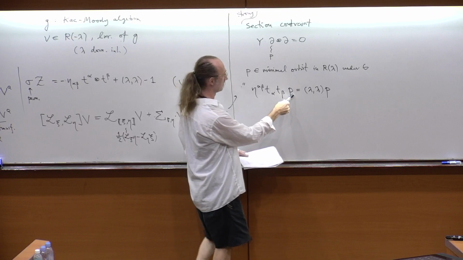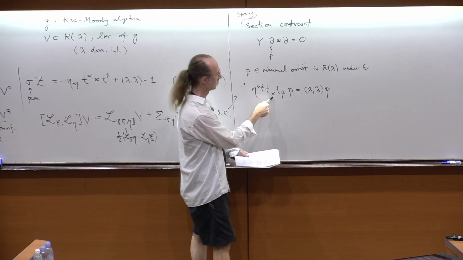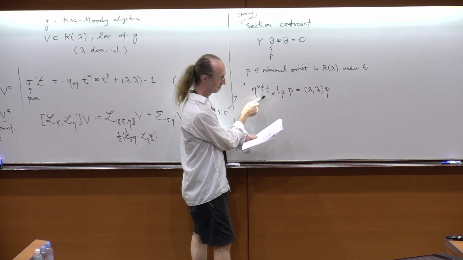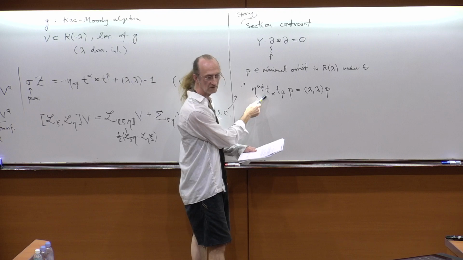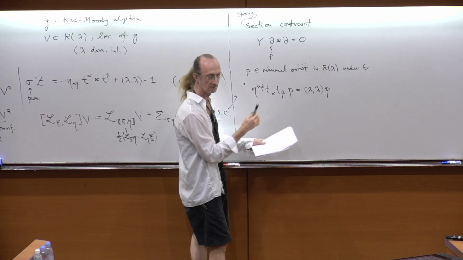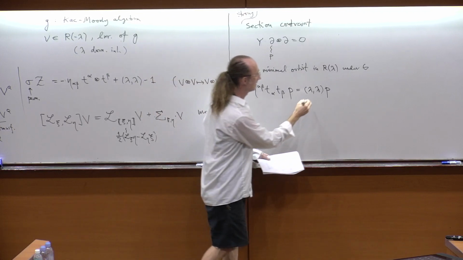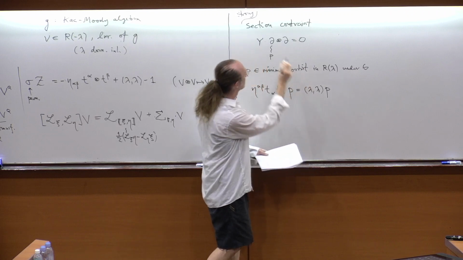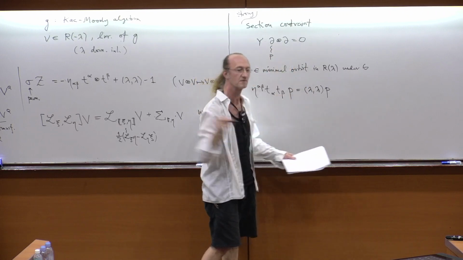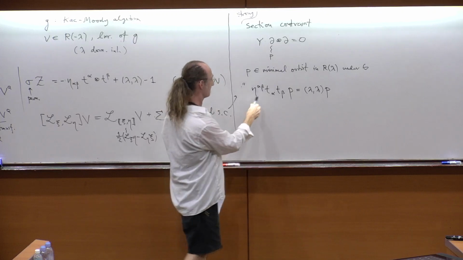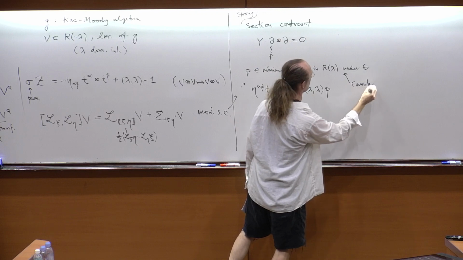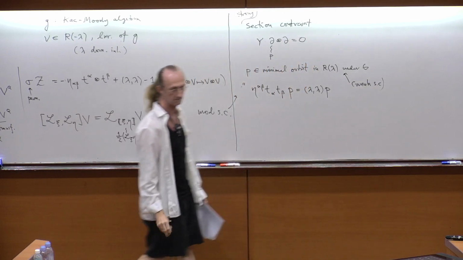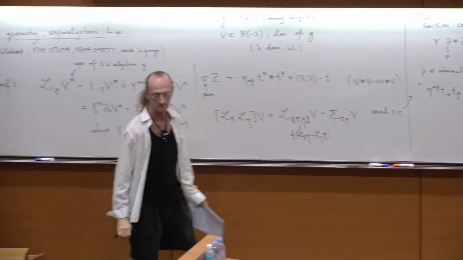If you have something in a minimal orbit, you act with what looks like the quadratic Casimir operator. You have to be a bit careful if it's infinite dimensional, but there is a well-defined procedure for normal ordering, etc. And the value is always this. And that's essentially what this will tell you. I don't spell out the details. Now this would be the weak section constraint, though. It defines a cone. It's not a linear space.